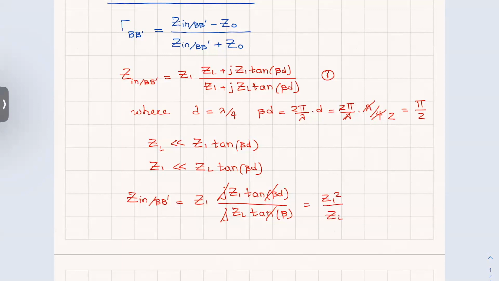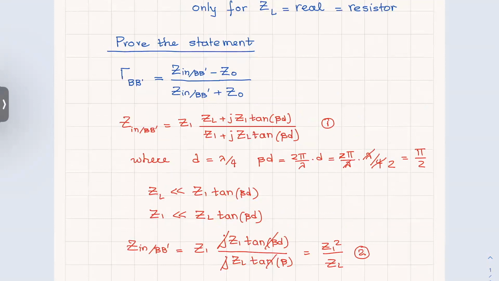Okay, now this is 2. Let us go to gamma B prime, which is the reflection coefficient. Under what conditions does this become 0?